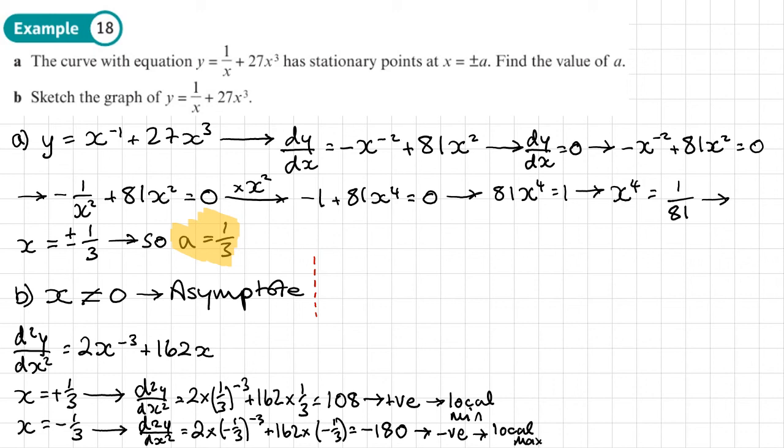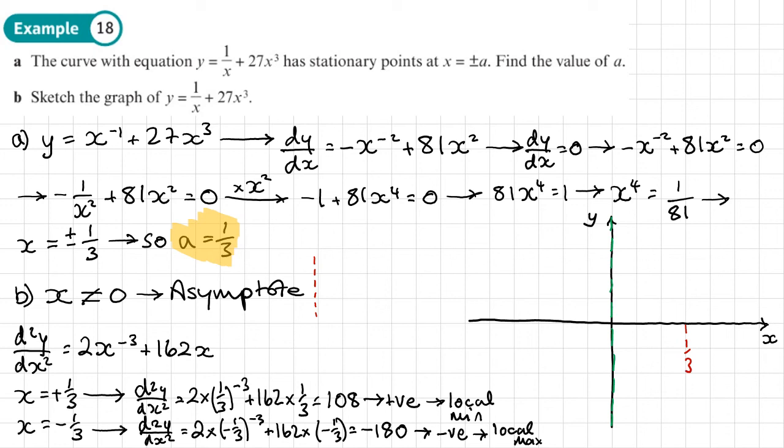Okay, let's draw some axes and put in what we've got so far. So we know we've got an asymptote here on the y-axis, so we'll put that in. And then when x is a third, so maybe we'll write that down. So maybe here, a third.